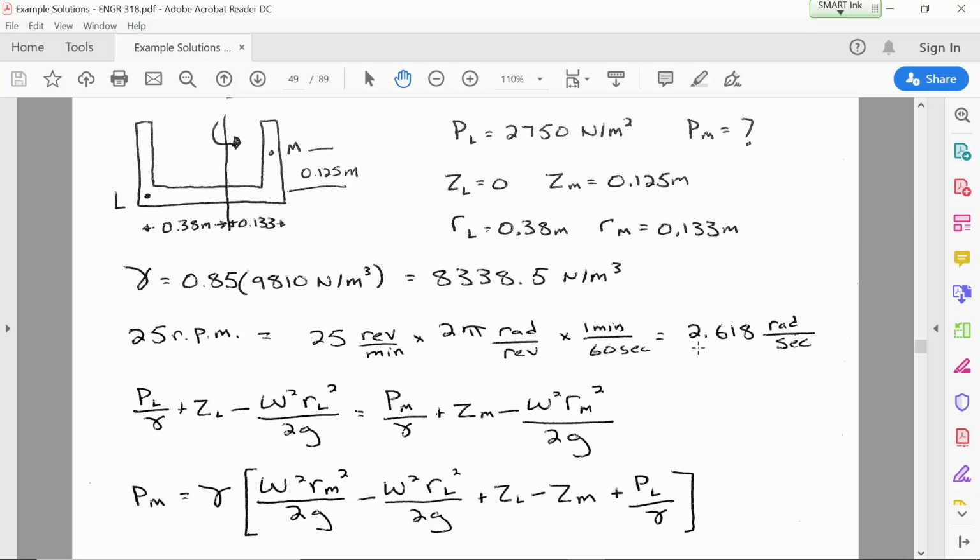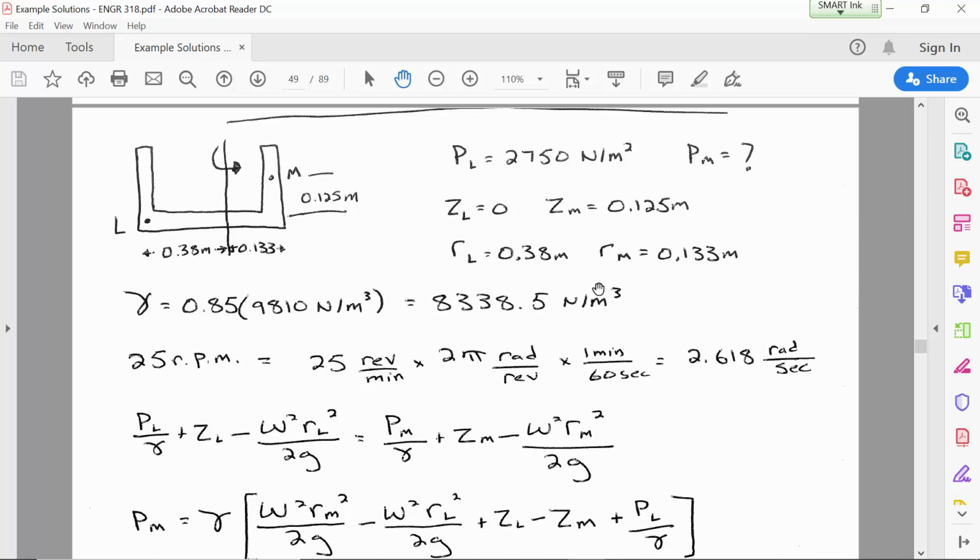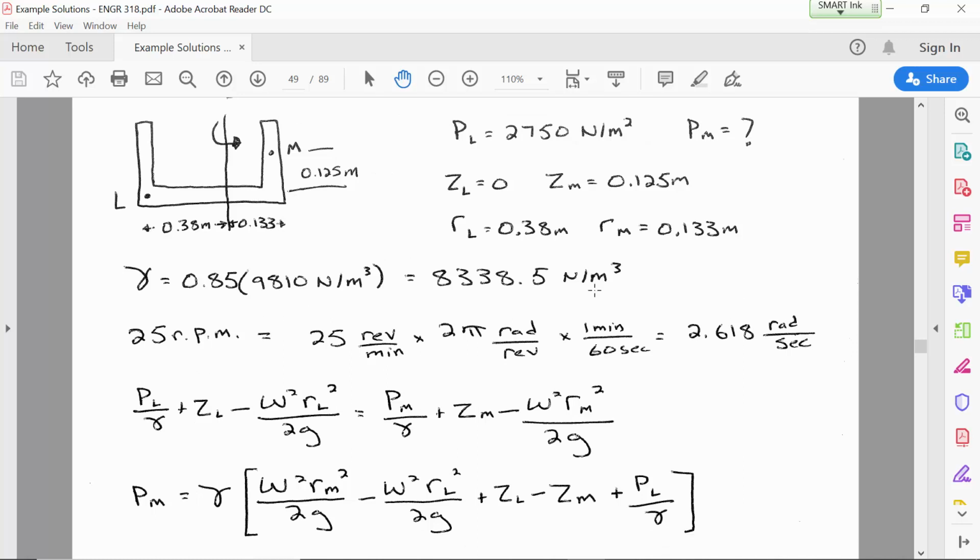And so you'd only be able to say 1,300 pascals instead of, like in my case, since I have 4 digits of precision here for the conversion, then in theory I can predict the pressure to the nearest pascal. And that's assuming that the 25 RPM was exactly 25.00 RPM.